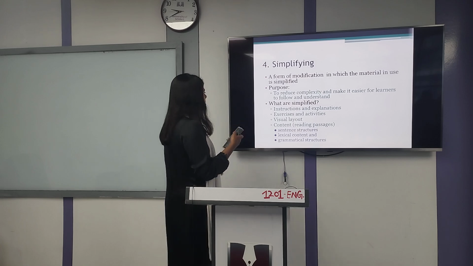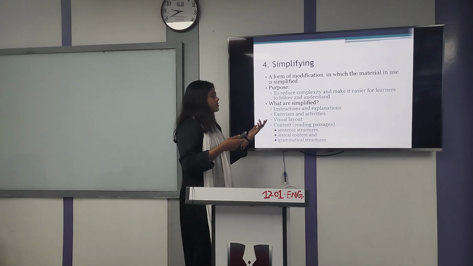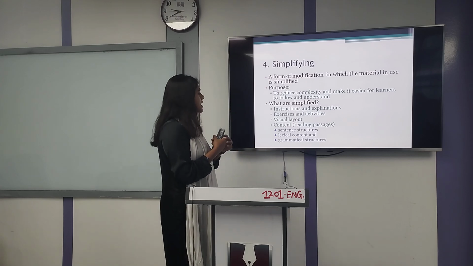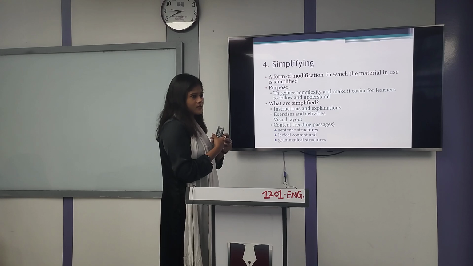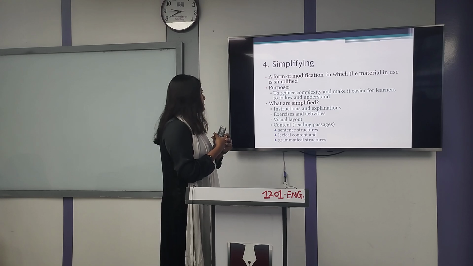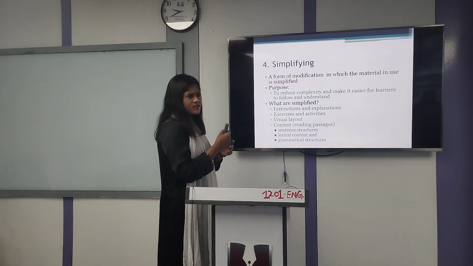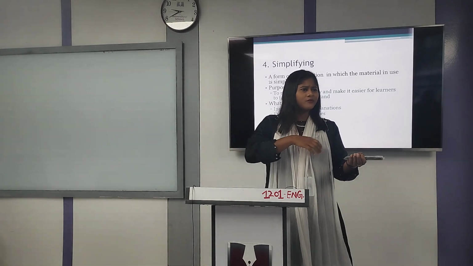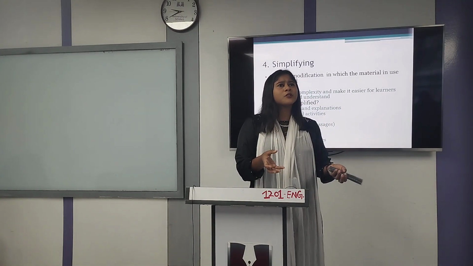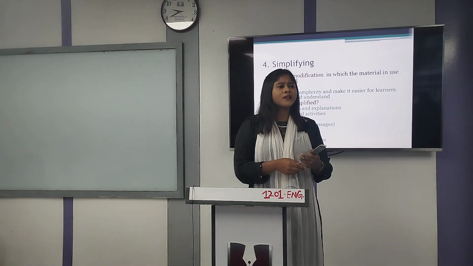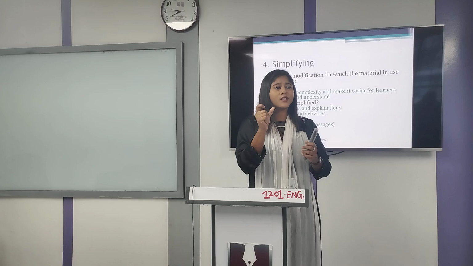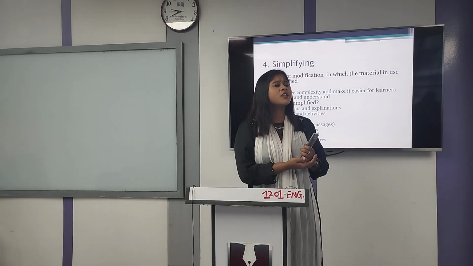Simplified version of text. So what are the things that are simplified? First of all, instructions and explanations are simplified. Sometimes exercises and activities. For example, in our exam, one thing happened that sir used a very complex word. He had taken this word from the French language.